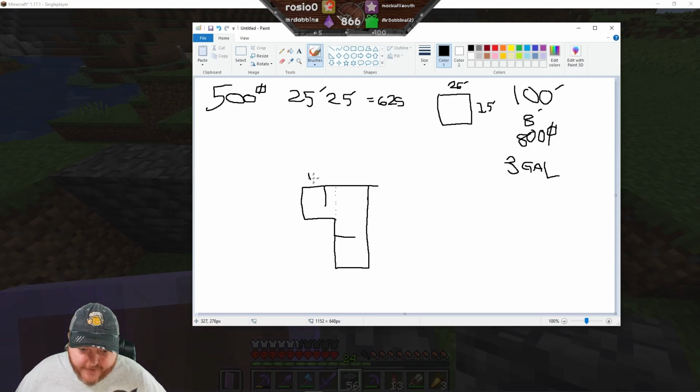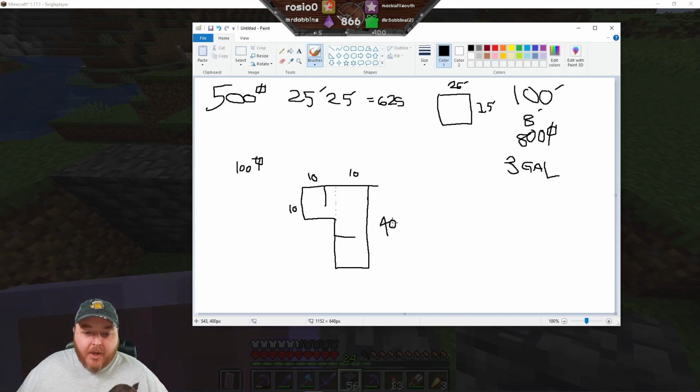And this is a 10 by 10 room, which is 100 of your square feet. And then the other is 10 by 40. All of a sudden, you've got 40 and 40, which is 80, 20 and 10, which is 30. It's 110. Then this is an 8-foot wall, and this is an 8-foot wall.